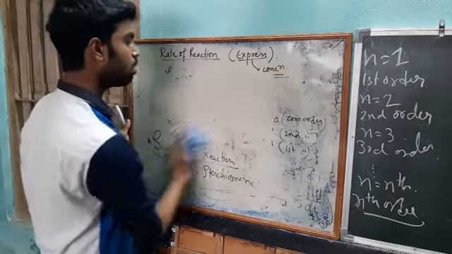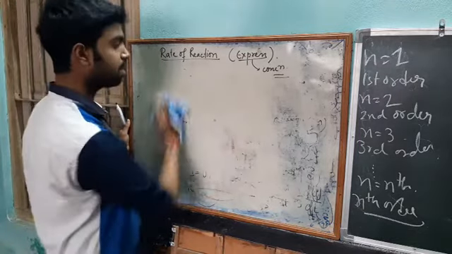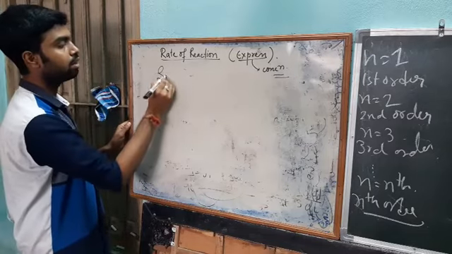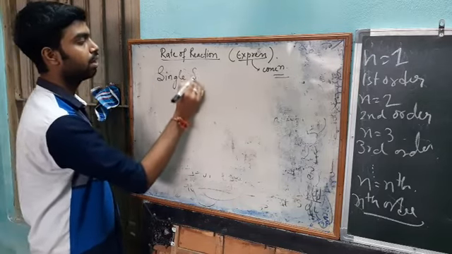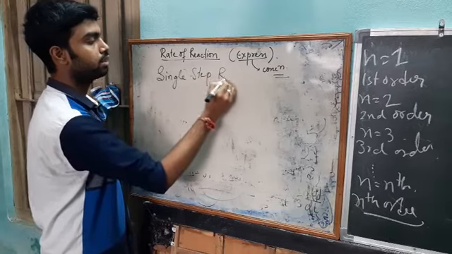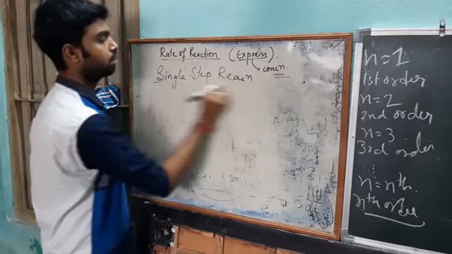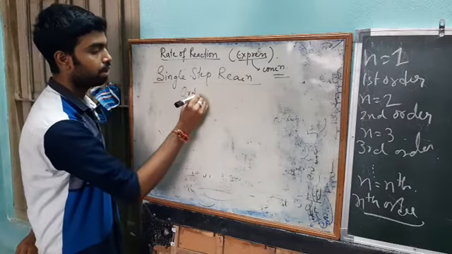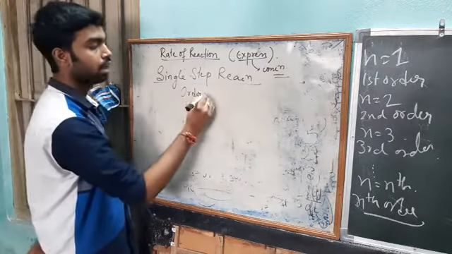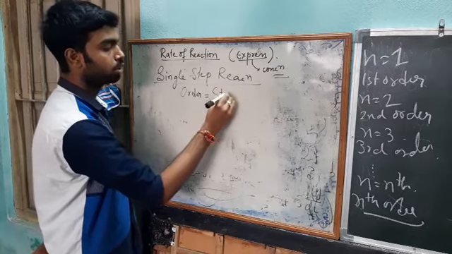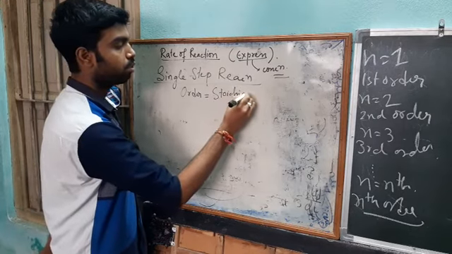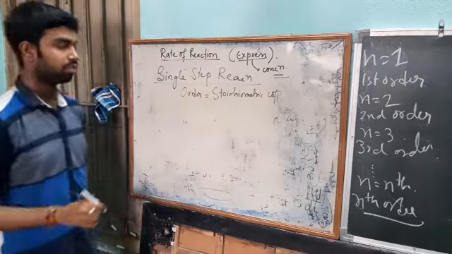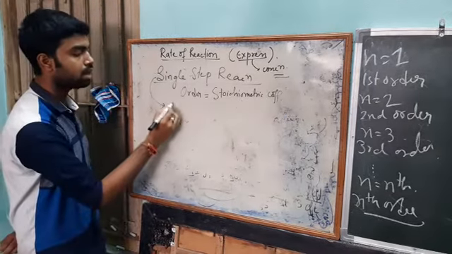So what we have learned here is that in case of a single step reaction, the order of the reaction will be equal to the stoichiometric coefficient.